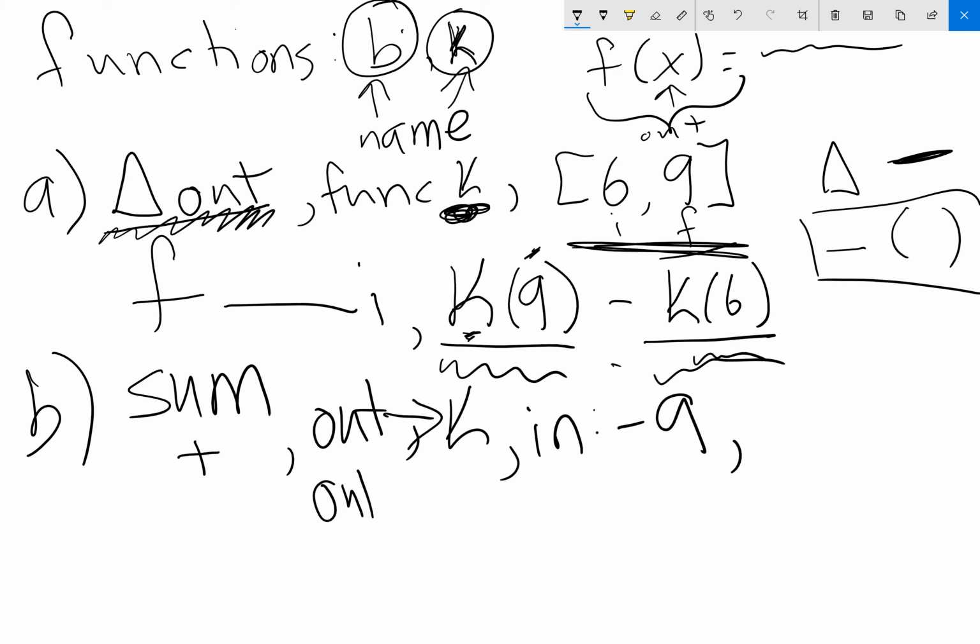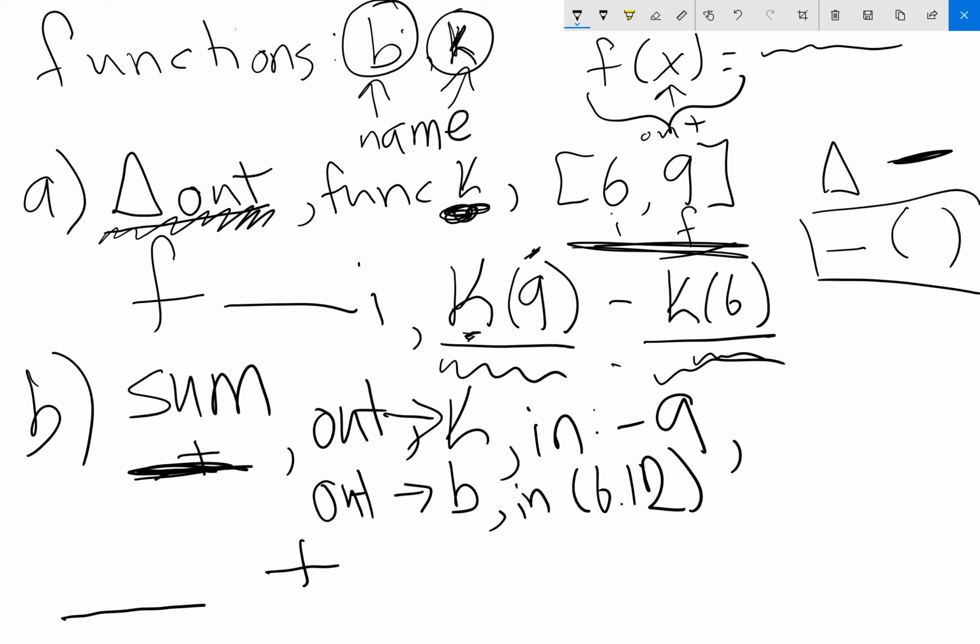We have the output of B with an input of 6.12. Okay, so sum means that we're going to add something up. So we need to figure out what two things we are adding. So here is the output of the function k. We know how to do that, right?